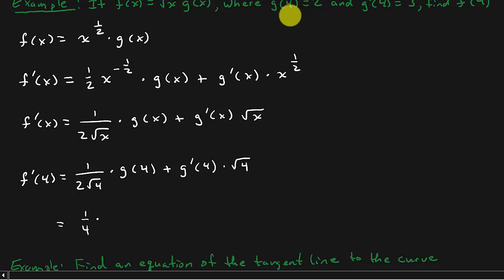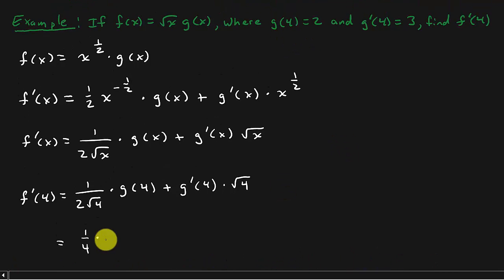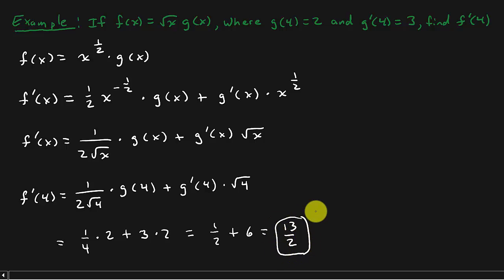Well, let's see. g of 4 is 2, so that's times 2, plus g prime of 4 is 3, times square root of 4, which is 2. And so that's going to be 1/2 plus 6, which is 13 over 2. If I did that right in my head, I believe I did. Yeah, that's right.